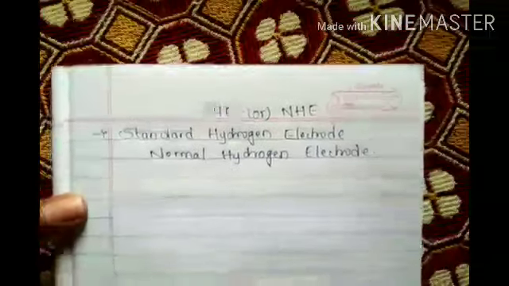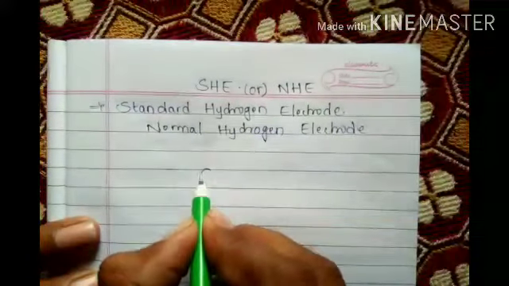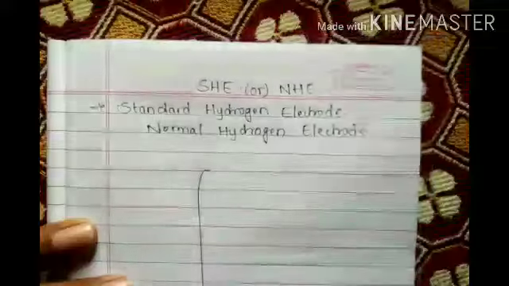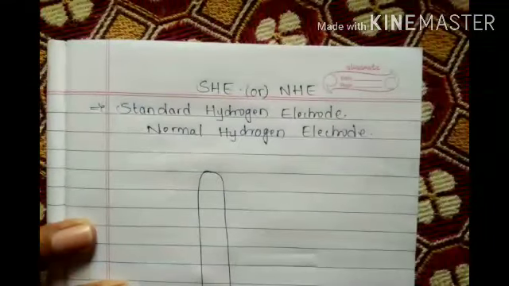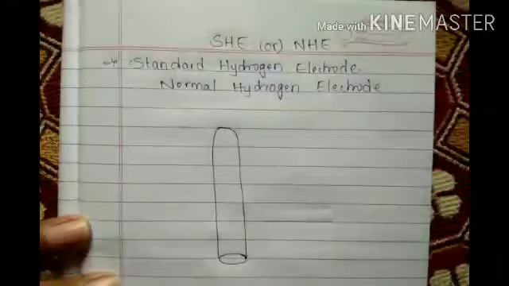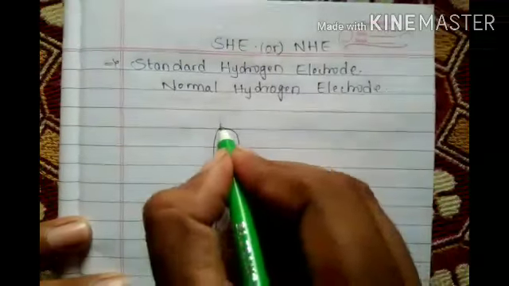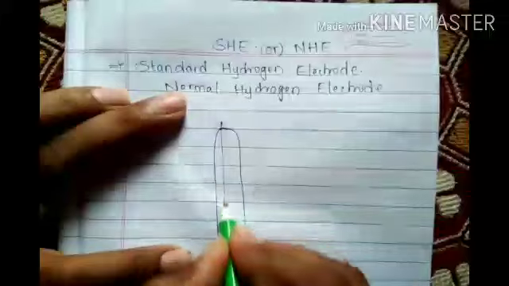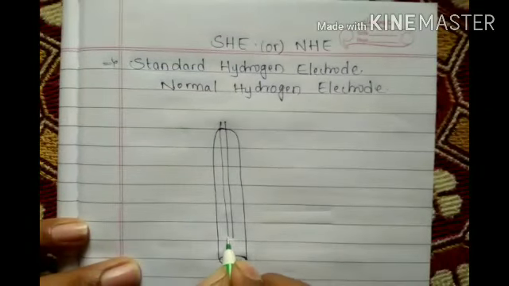Now let's take the diagram, very important. This is the cell. The bottom side is open, and from the top to the center there is one pipe, and the downside end is closed.